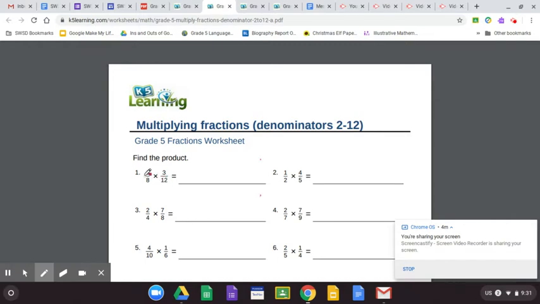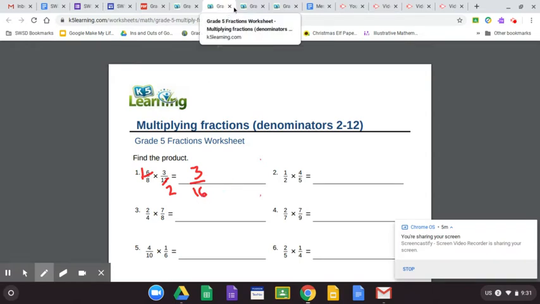So 6 divided by 6 is 1. That becomes a 1, and this becomes a 2, because 12 divided by 6 is 2. So then we have 1 times 3 is 3, and then 8 times 2 is 16. So you end up with the same answer. You think about which way is best for you. Remember, if you didn't understand this way, just multiply across and simplify. It's the same answer. It's just 2 different ways to do it.